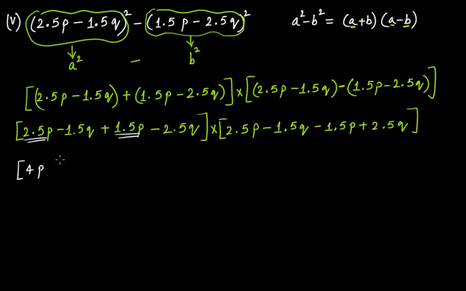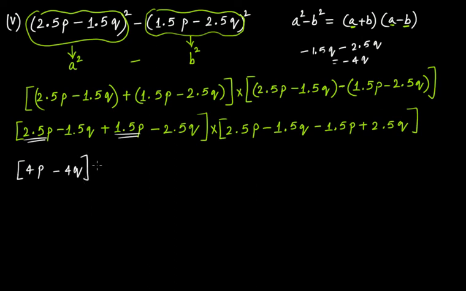Okay, then this is minus 1.5q, this is minus 2.5q. So minus 1.5q and minus 2.5q will give you minus 4q. So this becomes minus 4q.